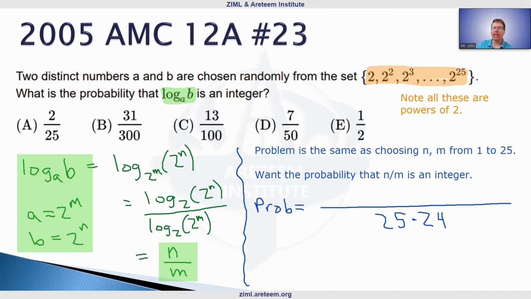If m is 1, then n can be any of the other 24 numbers. If m is 2, then we need multiples of 2 above 2. So we go up to 24, that is 11 other multiples we have. For 3, we go up to 24, 8 minus 1, 7 other multiples we have.